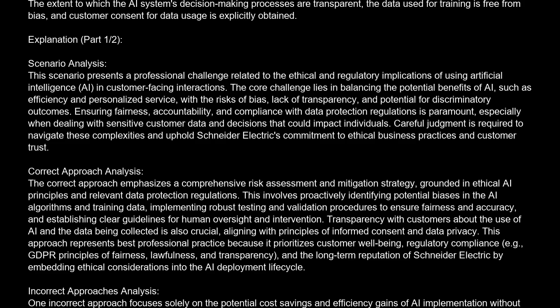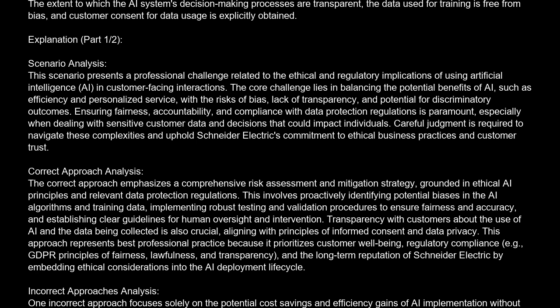Ensuring fairness, accountability, and compliance with data protection regulations is paramount, especially when dealing with sensitive customer data and decisions that could impact individuals. Careful judgment is required to navigate these complexities and uphold Schneider Electric's commitment to ethical business practices and customer trust. Correct approach analysis.